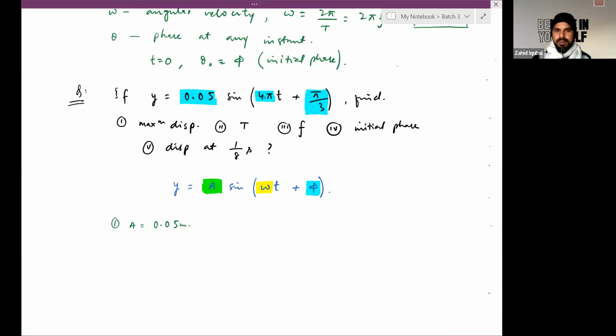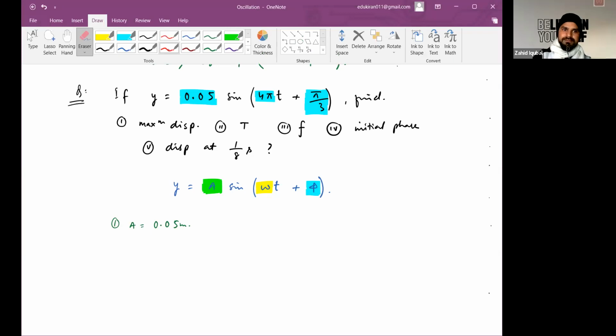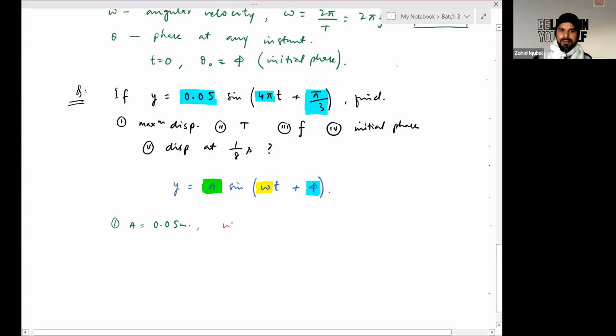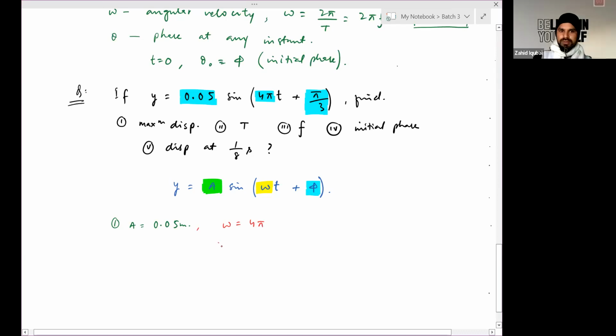Yes. In this part, we have 4 pi, and in this part we have omega. So you will say omega equals 4 pi. Is it clear? Yes, sir. And omega is equal to 2 pi by T in terms of time period, which equals 4 pi.